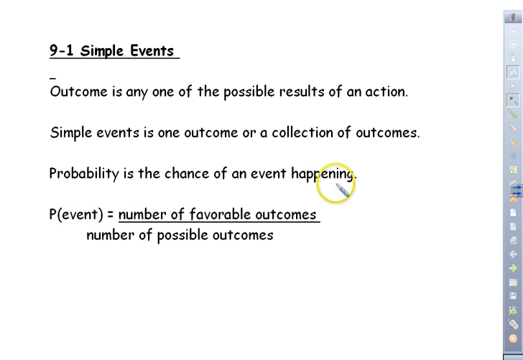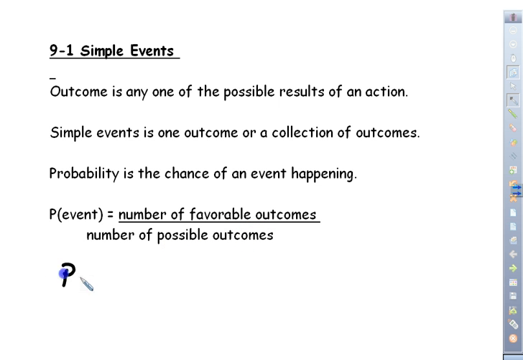So here's what it is going to look like, where it will say P standing for probability. The event is whatever they're asking, for example, probability of rolling a 6. And then it would be the number of favorable outcomes over the number of possible outcomes.